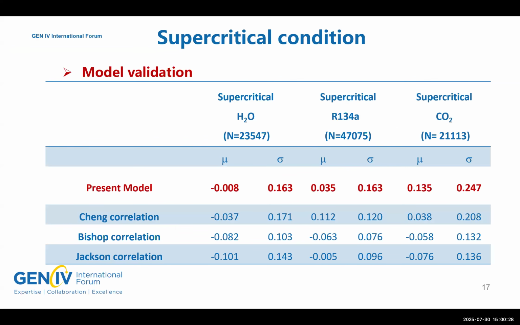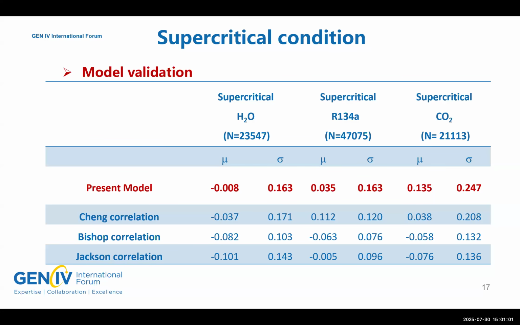For every fluid, we report two metrics, the mean error and the standard deviation, and you will see that the new model sits at the top. Notice for the water experiments, the present model can achieve a mean error of minus 0.008 and a standard deviation of about 0.163.